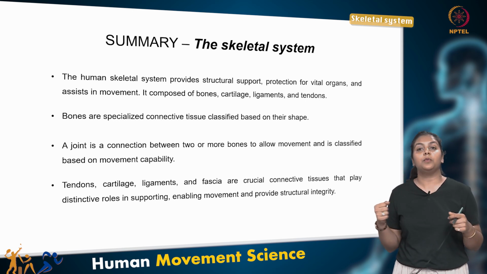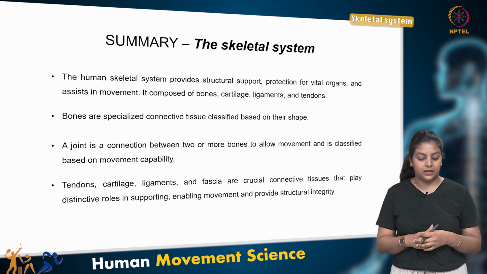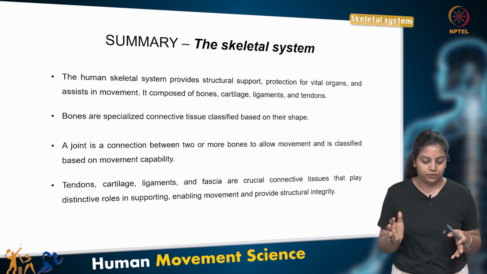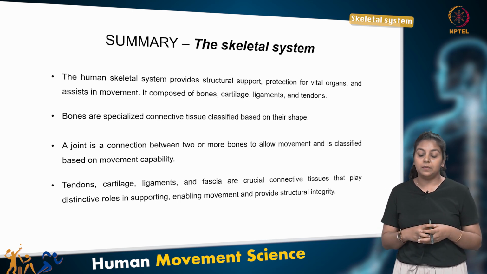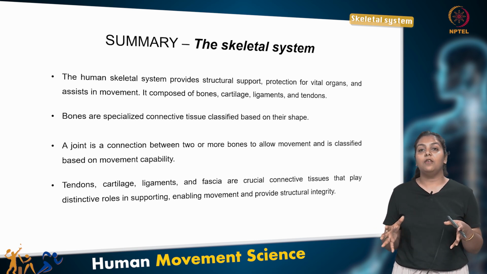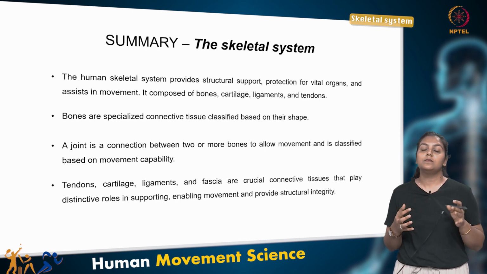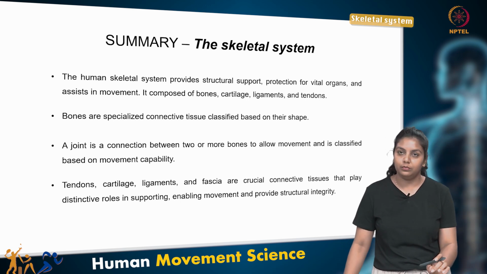When two bones come together to form a connection to allow for movement, it is known as a joint, and these are categorized based on movement capability. We also looked at tendons, cartilage, ligaments and fascia, which are crucial connective tissues that each have a very unique role in providing structural integrity, support and also allowing for movement.